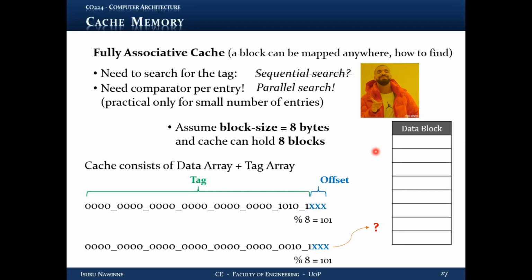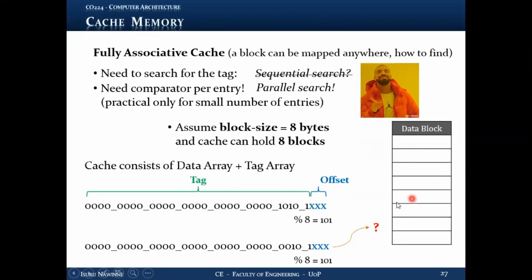Now, since we don't have that index concept, we have to compare the incoming address tag with each and every entry's stored tag at the same time. So parallel tag comparison needs parallel tag comparison hardware, right? You need to duplicate the comparator hardware that we discussed in the previous class to perform this parallel tag comparison. So it's practical only for a small number of entries.